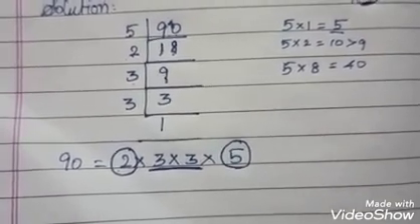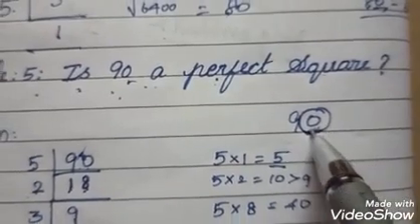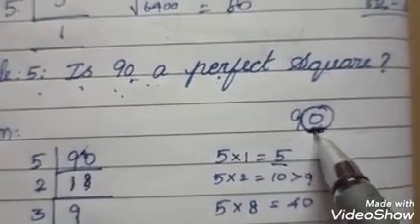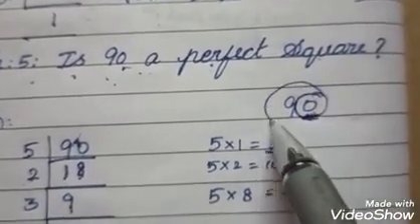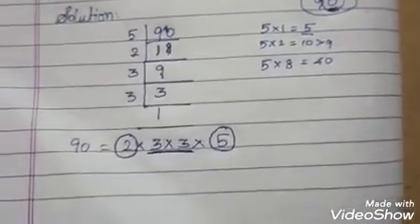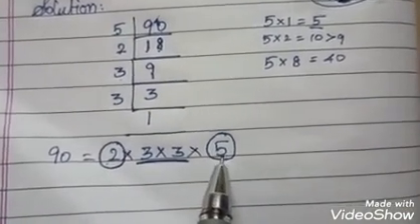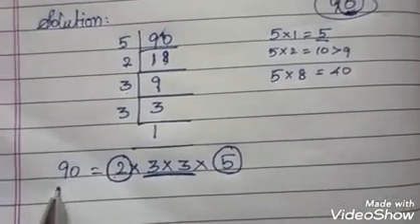I already told you, by seeing the unit digit, 0 is in odd counting, so 90 is always not a perfect square. So 2 and 5 are the factors without a pair, so 90 is not a perfect square.